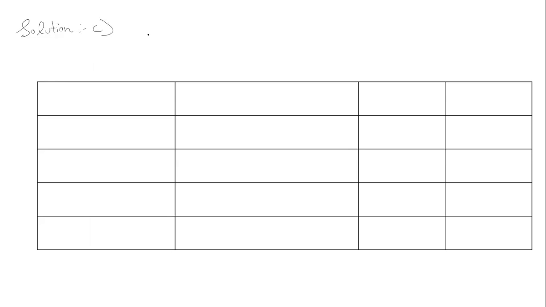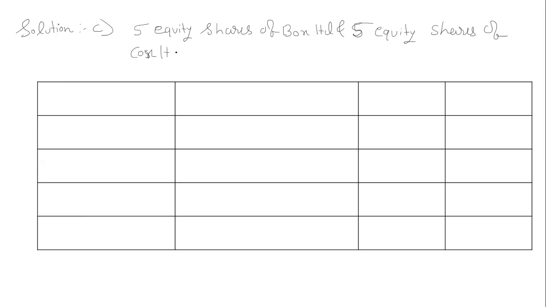Or C. So we can purchase 5 equity shares of Box Limited and 5 equity shares of Cox Limited from rupees 1,000.